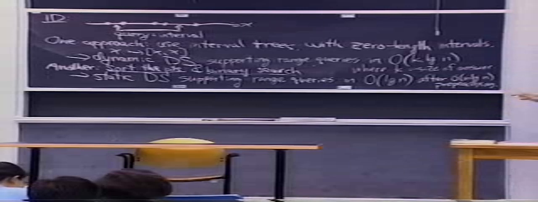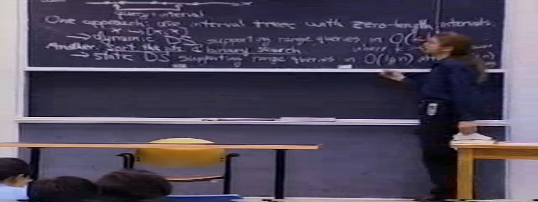Okay, this is probably obvious, but I want to rub in what kind of data structure we want here. Okay, so that's pretty good. And I said I wanted a static data structure. Log n is to do the binary search.